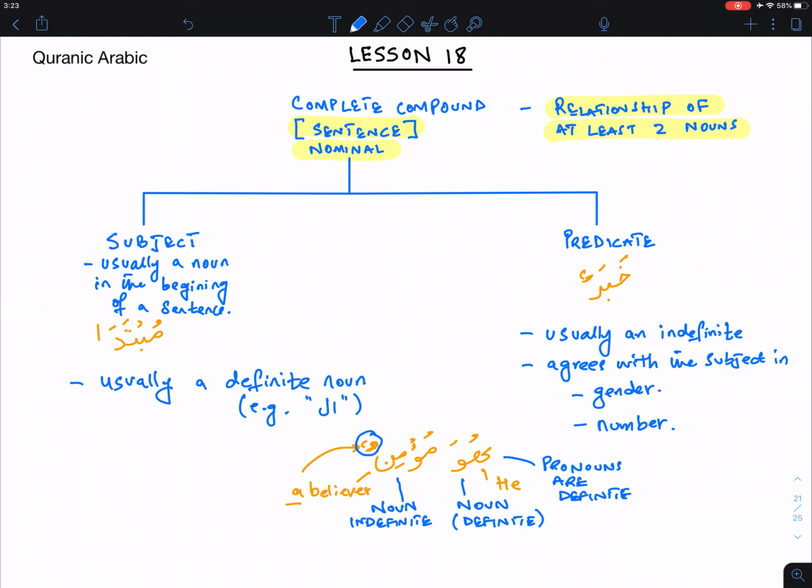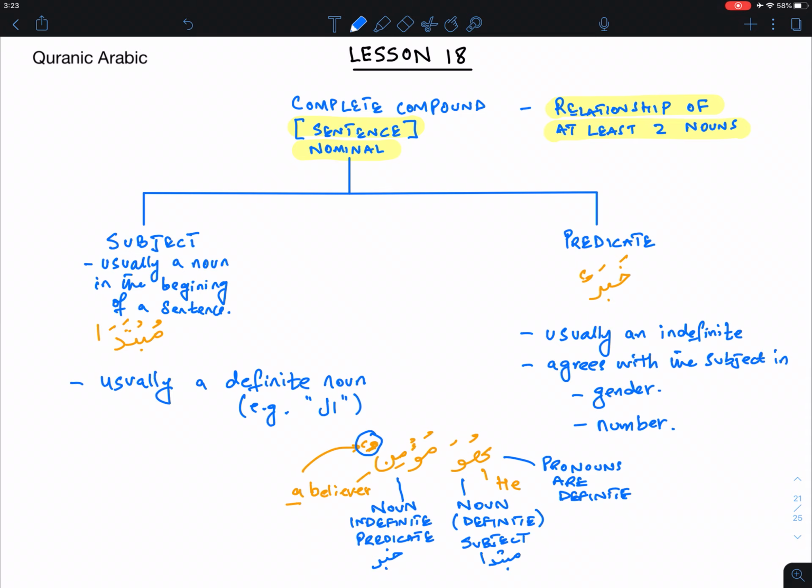Is it a complete compound? Yes, because we've got a definite noun that can serve as the subject, because we learned that that's what subject can take as a definite noun. And we got a second noun that can serve as the predicate. It follows the typical rule of an indefinite noun, and so it's the khabar.